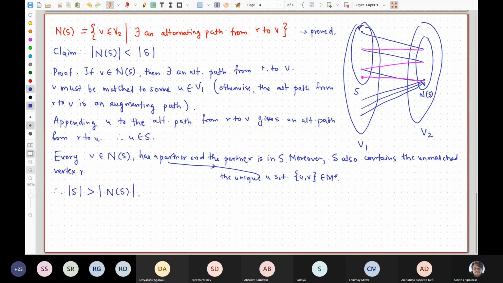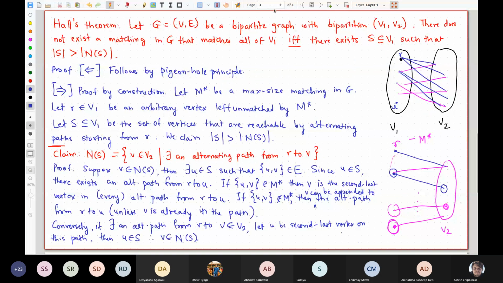Yeah, Dhruv. Can you show the previous slide for a second? Sure. Here you have written, let S subset of V1 be the set of vertices that are reachable by alternating paths starting from R. So we are constructing an S for the theorem.